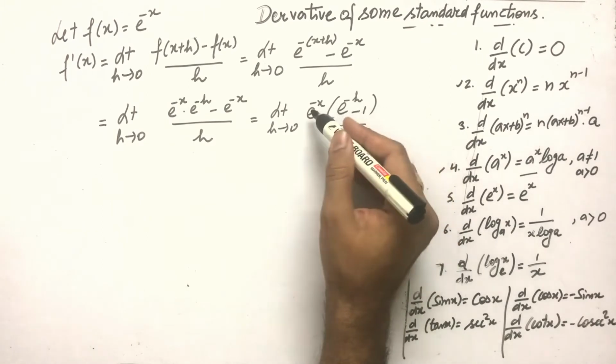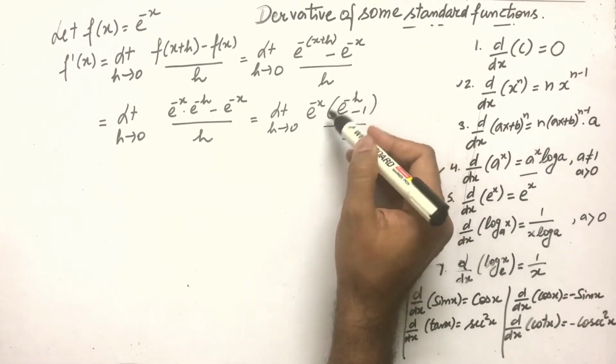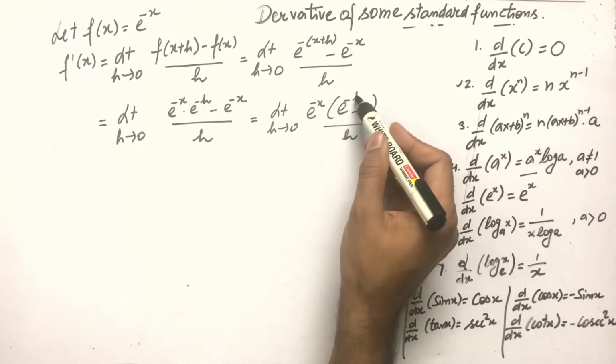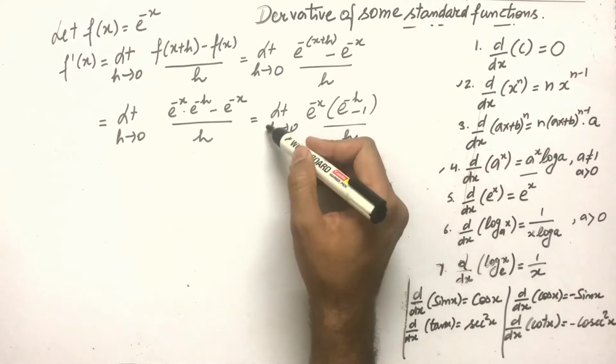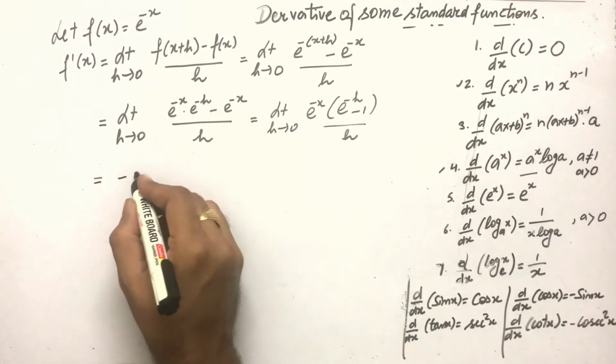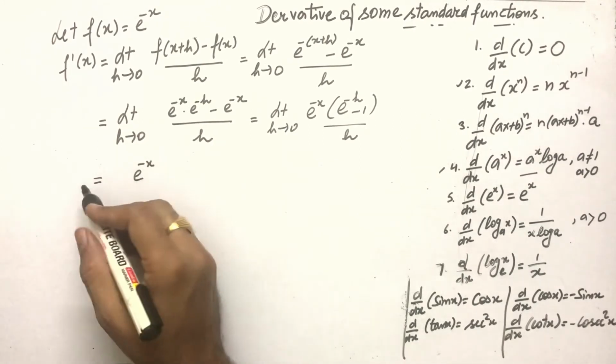So when we convert in this form, we can easily judge that this is a formula we already have. So for that, what we need, this and this and this should be same. So before that, let us take this outside because limit applies on h only.